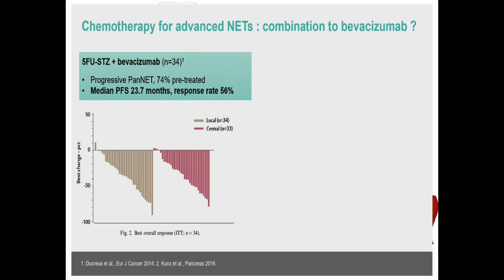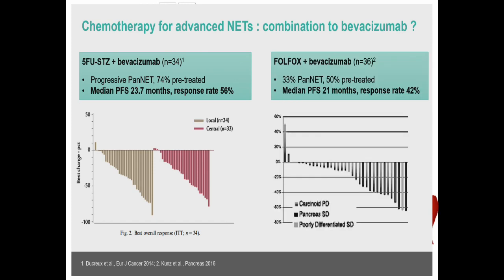And in a study performed with Gustave Roussy some years ago, we showed that, indeed, we could achieve long progression-free survival and high response rate in combining the classical 5-FU streptozotocin regimen with bevacizumab, and the same was true with FOLFOX.